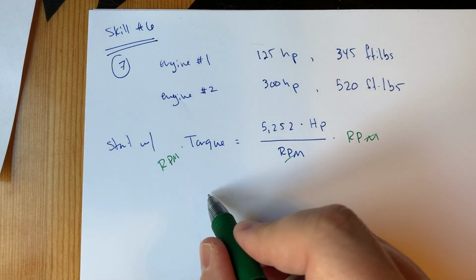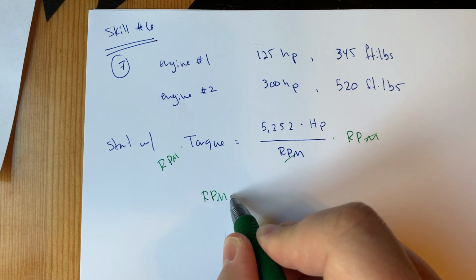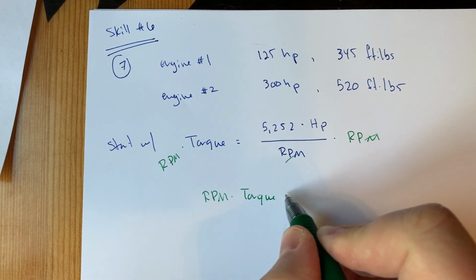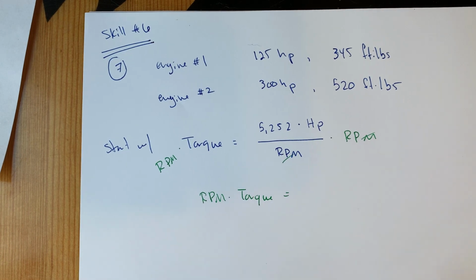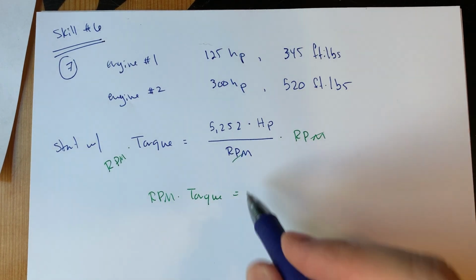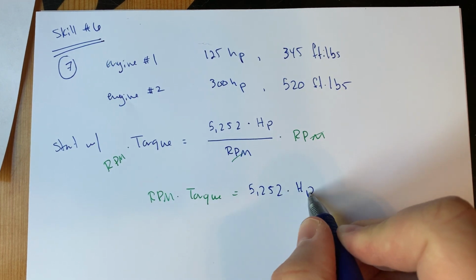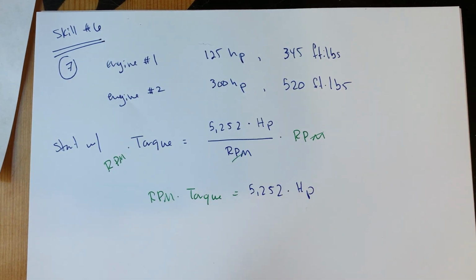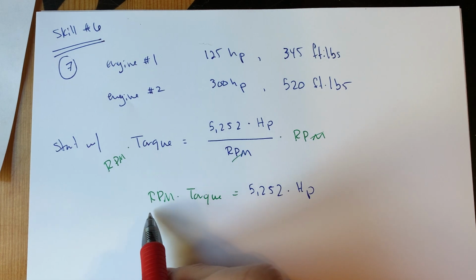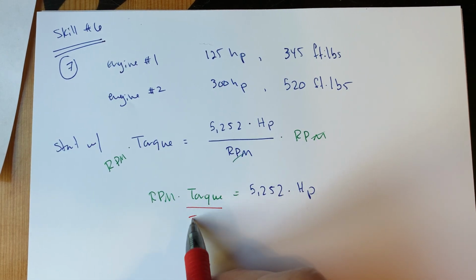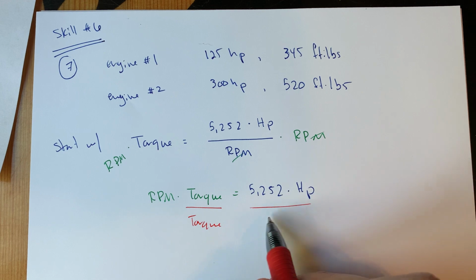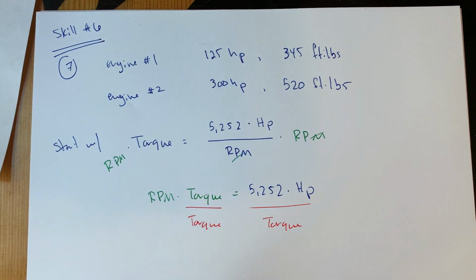Cancel, cancel. So that means the RPM times my torque is equal to 5252 times my horsepower. I'm trying to isolate the RPMs, right? That's what I'm trying to get by itself. So what I'm going to do is divide my torque over to the other side.